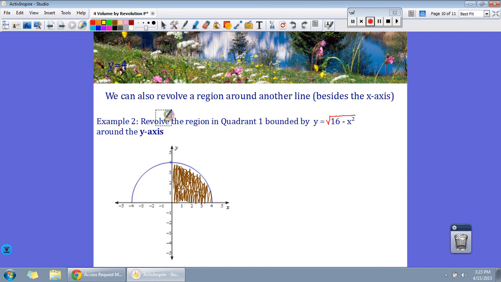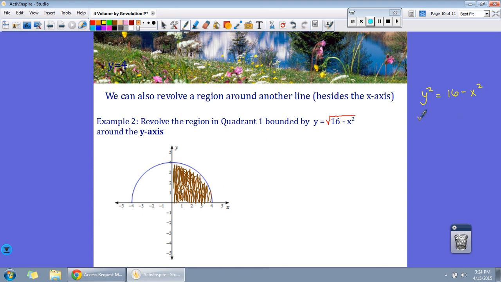For something like this one, revolving around the y-axis, we're going to need to change this equation to be in terms of x equals whatever we can. So to do that, I'm going to do some scratch pad work over here. I'm going to square both sides to get y squared equals 16 minus x squared.